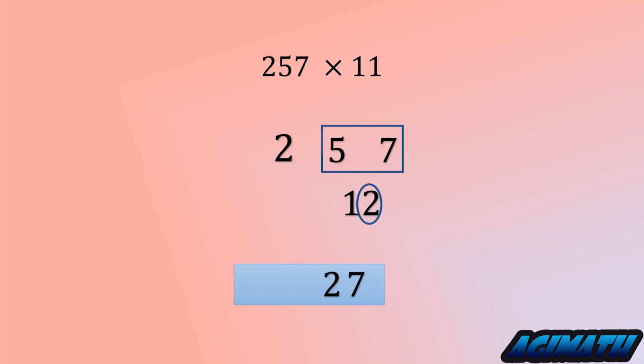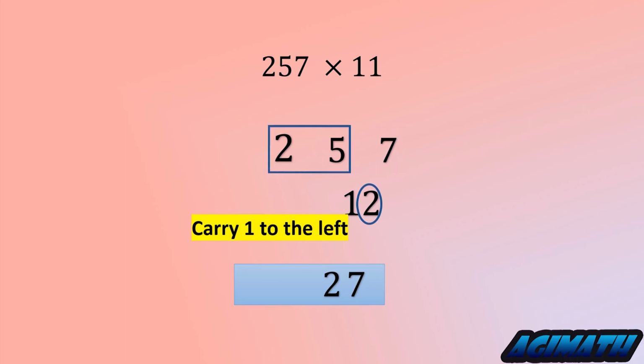So we have 2. What are we going to do with the 1? We are going to carry 1 to the left. What does it mean? You consider the next pair, which is 2 and 5, and then find the sum. 2 plus 5 is equal to 7. Earlier we carried 1 to the left, so when we find the sum of 2 and 5, which is 7, we add 1.